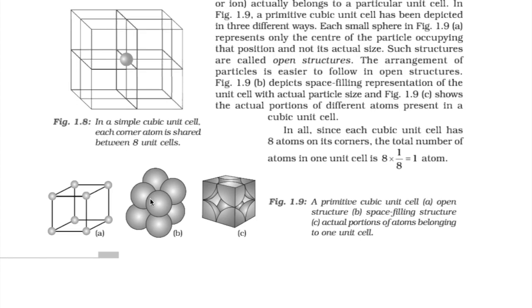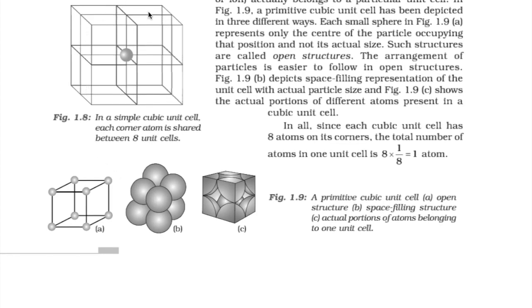As I have told you, the crystal is made by repetition of unit cells. In these unit cells, the particles are represented by a point and two particles are joined by a solid line. As we know, a particle present at the corner of a unit cell is surrounded by 8 unit cells.